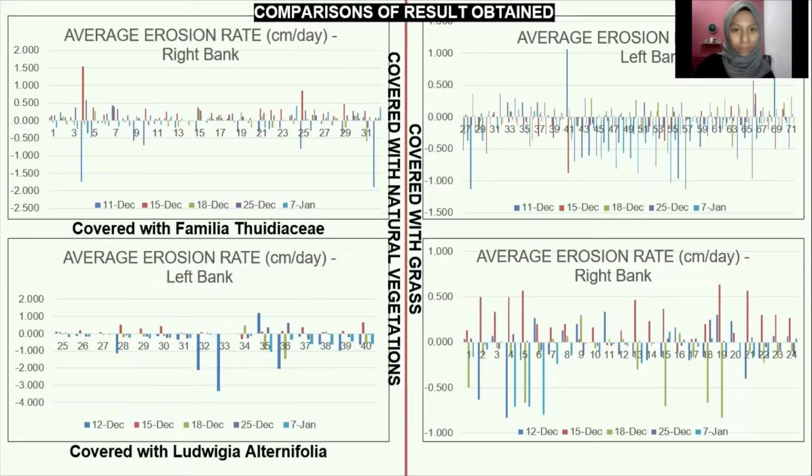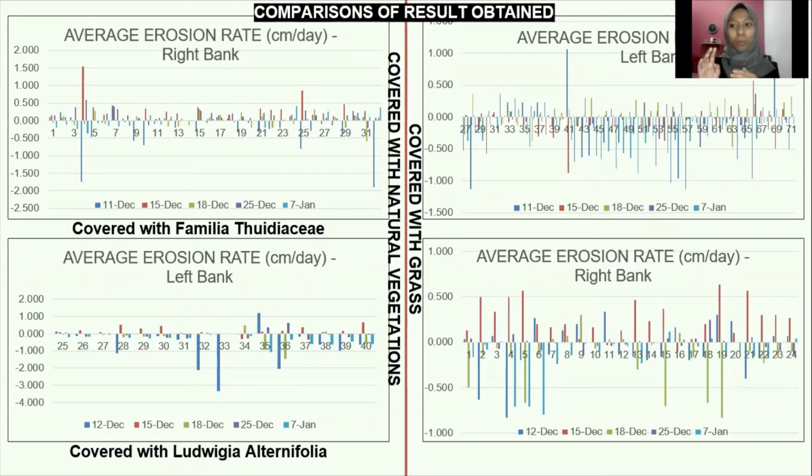As for the results, here are comparisons of some of the results obtained, which are in the report. I have shown 8 graphs, because we have 2 locations. One location consists of 2 sections, and one section consists of 2 sites.